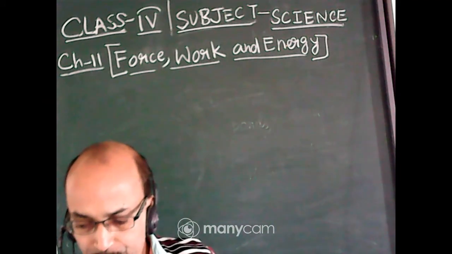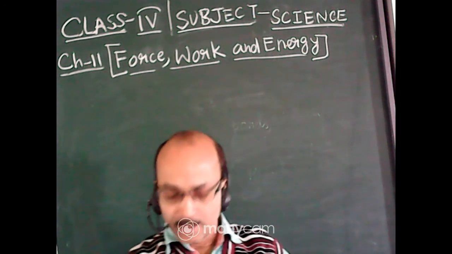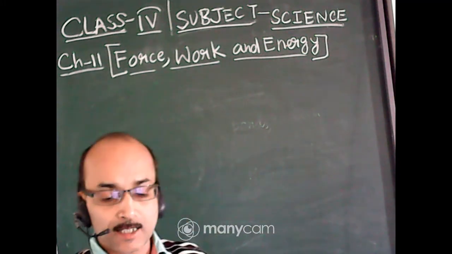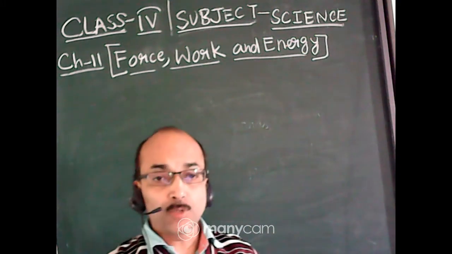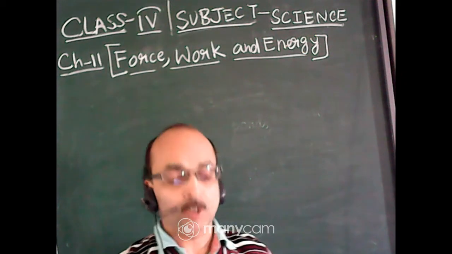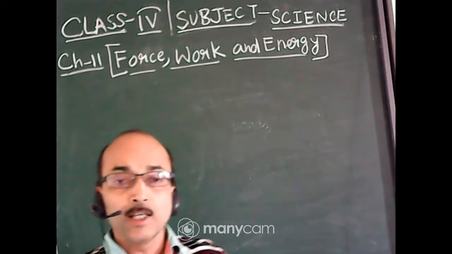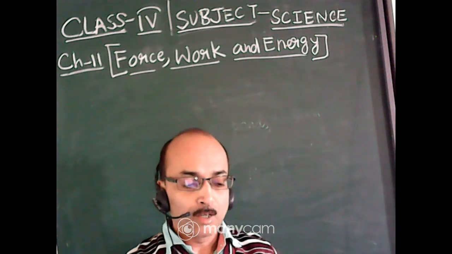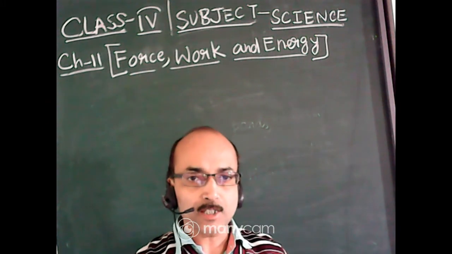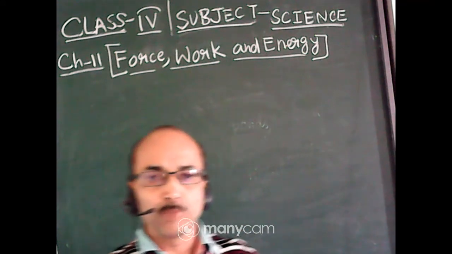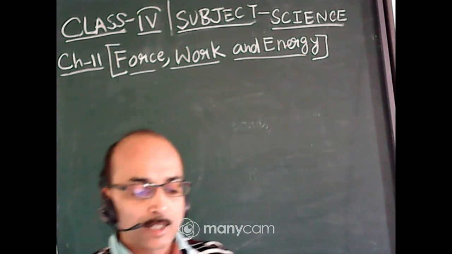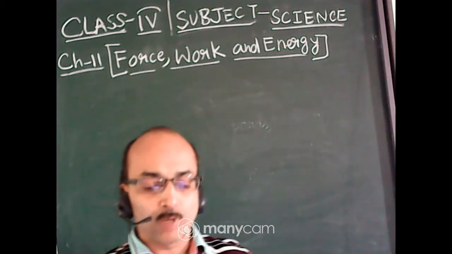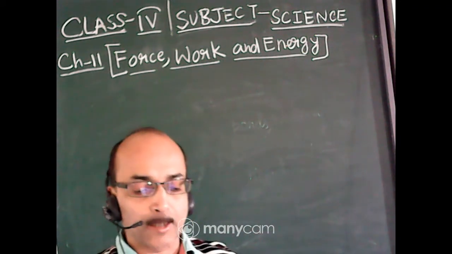Okay, so this is page number 67 and 68. Actually we'll start from 67 once again, because we have already completed some simple machines explanation. Now we know what simple machines are. I explained in the last class that simple machines are devices that make our work easier and faster.